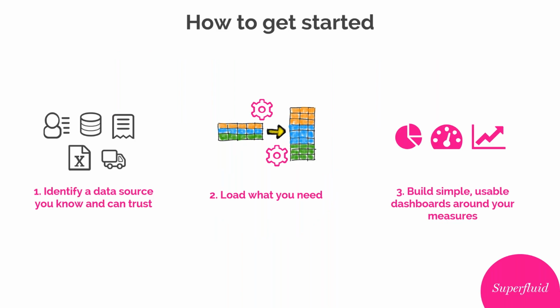So to summarize, you identify that data source that you know you can trust. You load what you need for that information in, and you do all the transformations, and you build that lovely reporting model that I was showing you under the hood. And you make sure that that's built in a solid and reliable way. And you build very, very simple dashboards.